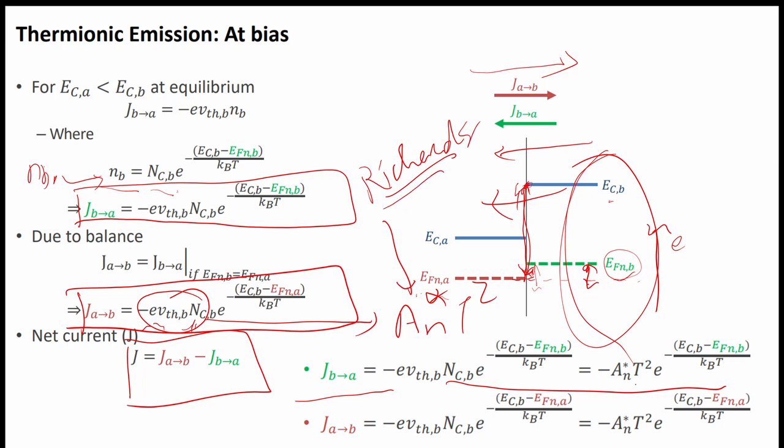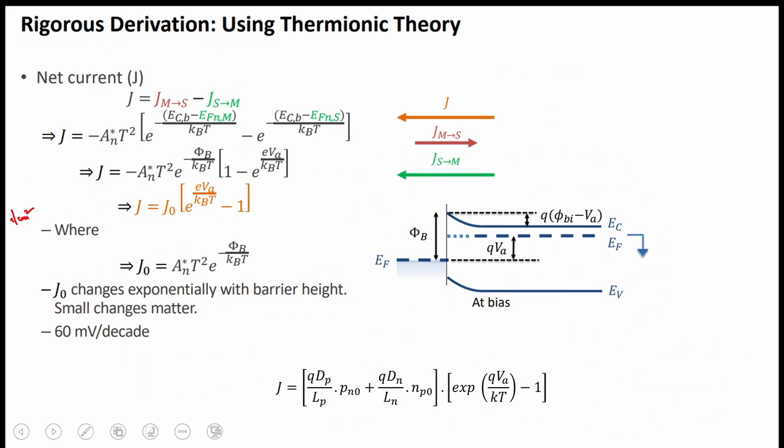This and the T square term come from when we solve this, the thermal energy. There will be a dependence on temperature, kT by q, and there will be different terms like 3 by 2 kBT and so on. So now the net current will be given by the difference between these two currents, which we can calculate easily.